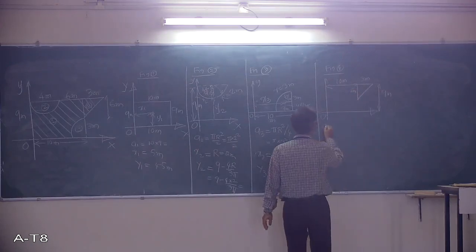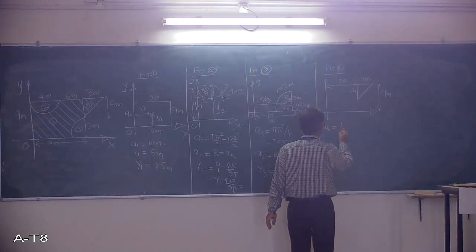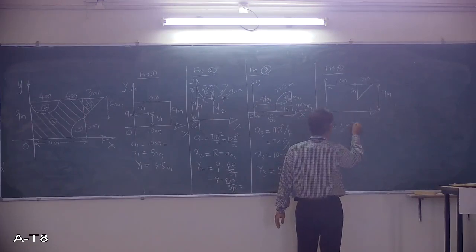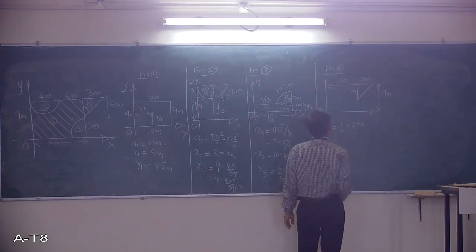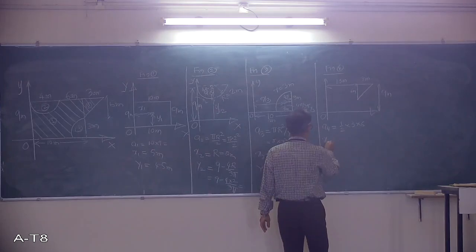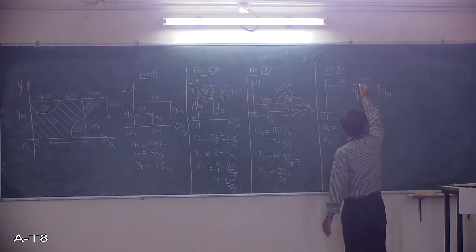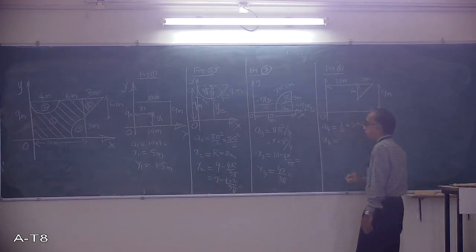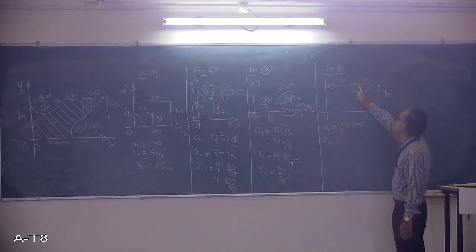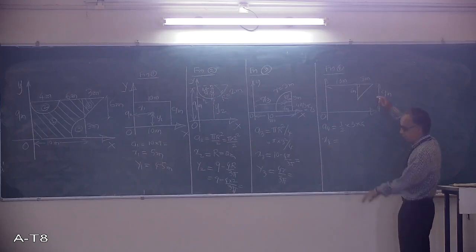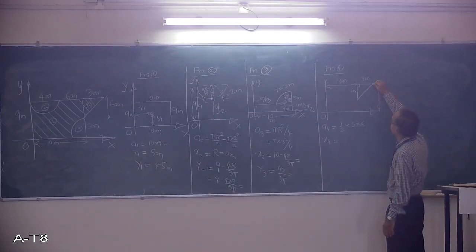Right here, A4, half of base into height, half of 3 into 6. X4, I told you. So this is 90 degrees. Then you have to mark the centroid correctly. I told you this is the tip. From the tip, it is measuring 2/3. From the base, it is measuring 1/3.